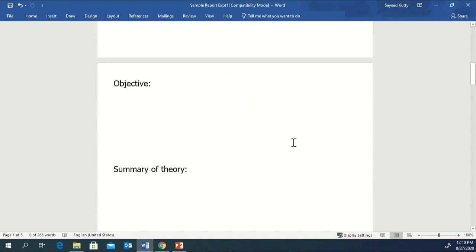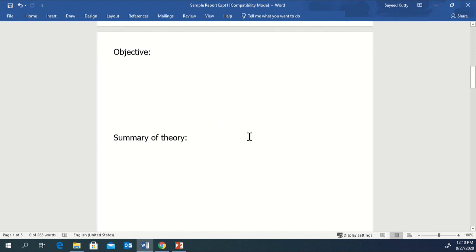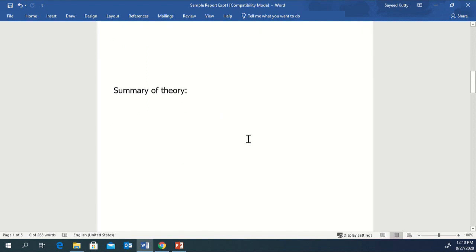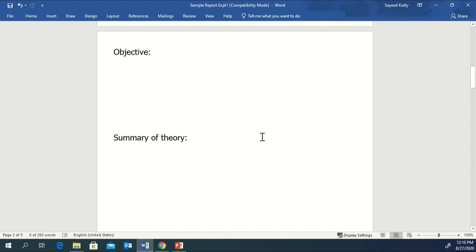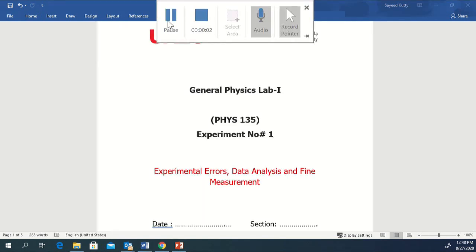So today my plan is to concentrate on the objective and how to reach our goal. I'm going to explain this for the measurement experiment. Look here, this is the objective part. Your objective is to identify the material of the given cylinder.